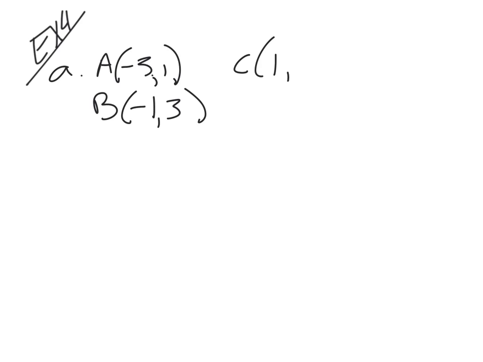So you have A, which is -3, 1. B is -1, 3. And then they translated to C being 1, 3, and D being 3, 1.